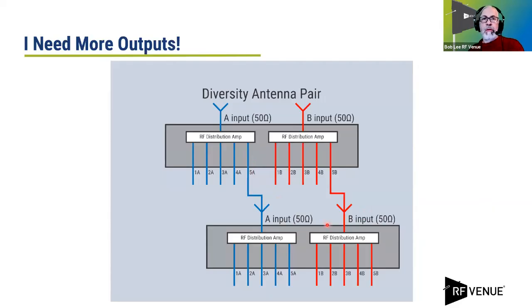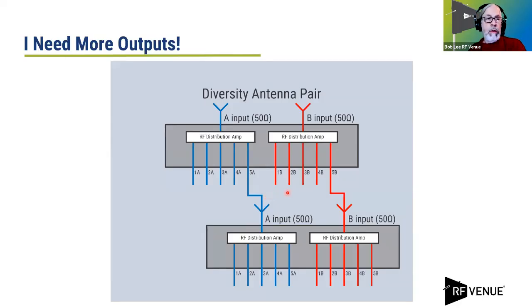Now, we can feed this into another distro, and in this case, it's another 5-way distro. So we're sacrificing one pair of outputs from that primary distro and going into a secondary distro to fan that out into 5 more outputs. And this way we get 9 diversity receiver feeds from 2 distros.